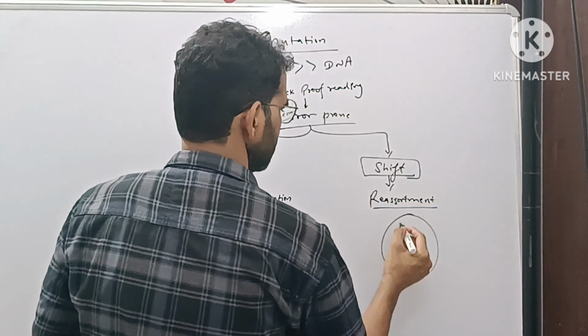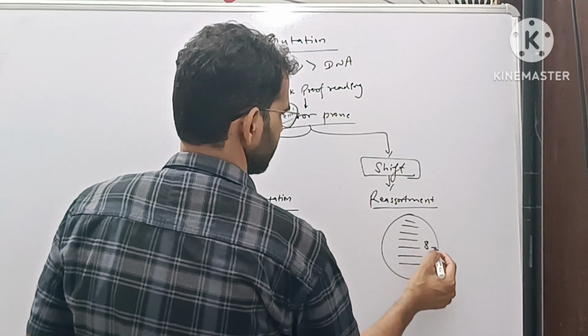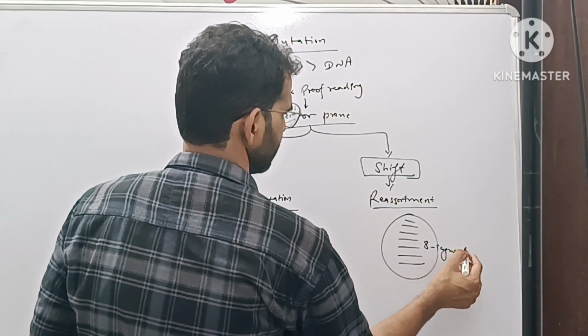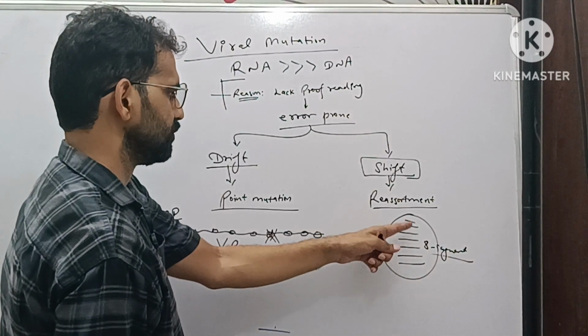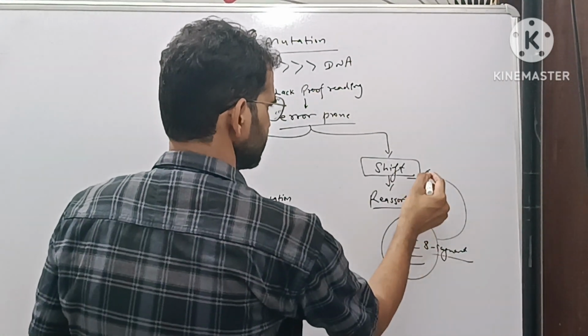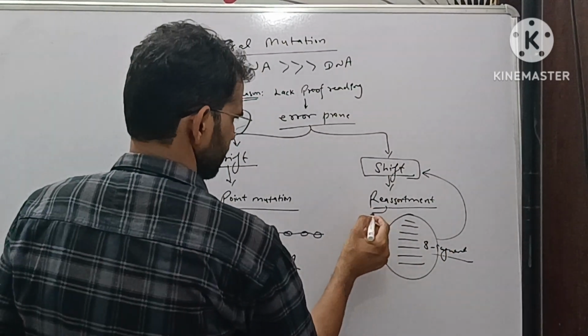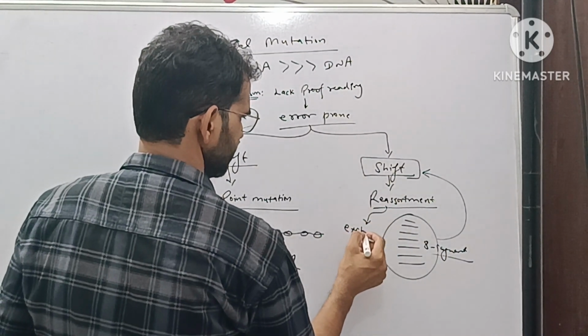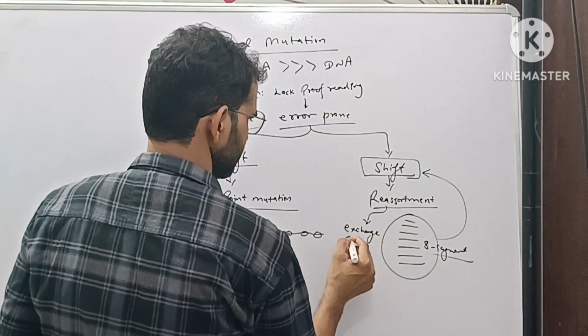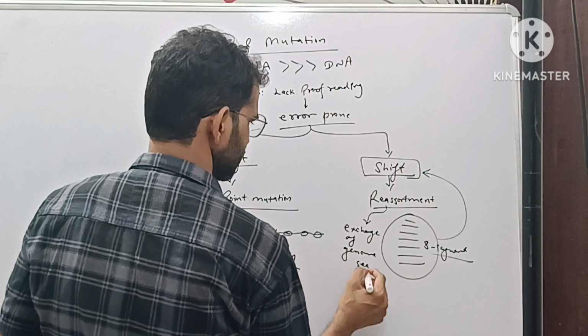Reassortment means that the influenza virus, for example, has 8 segments, and the exchange of these segments leads to shift. So in reassortment there is an exchange of genome segments.